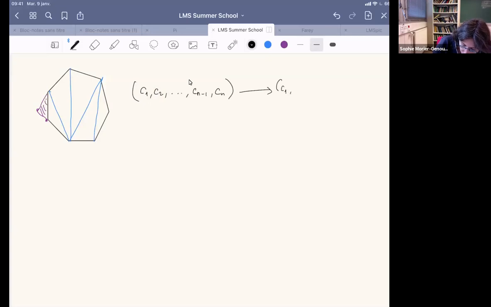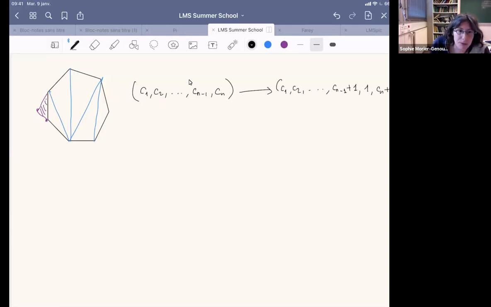So we don't touch here. And between vertex n minus 1 and vertex n, I add a new one. So the quiddity will change like this. Okay. So this is an operation that is well defined on the set of triangulations.